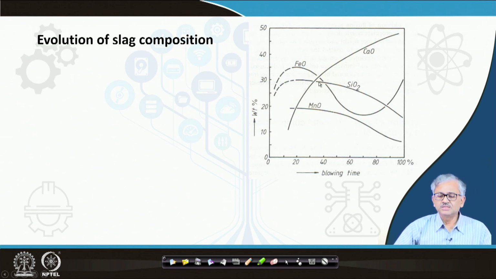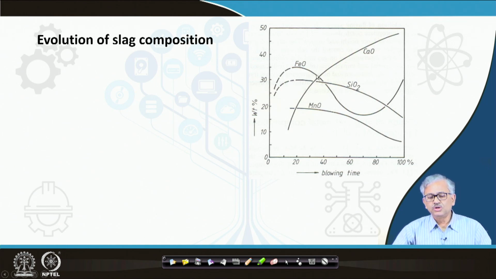And then FeO decreases only because of the dilution effect, that is, the CaO increases in the slag, and because of dilution FeO basically decreases. Another reason is that at the point when the basic slag forms, the phosphorus also starts oxidizing and transfers to the slag phase.